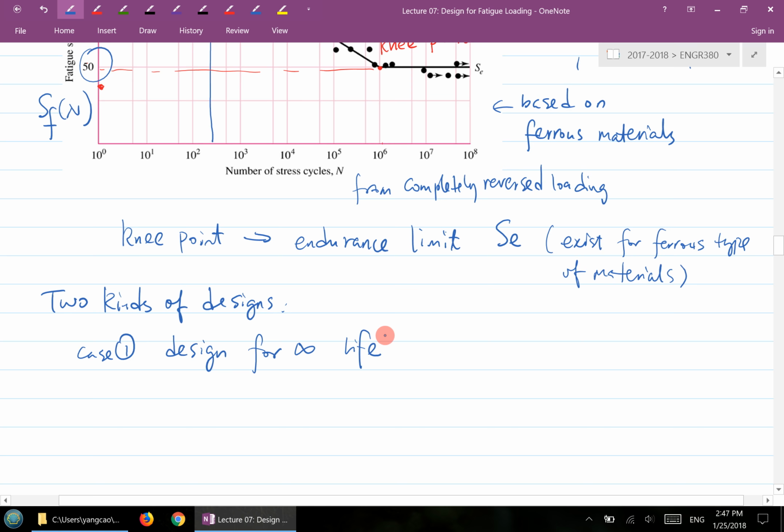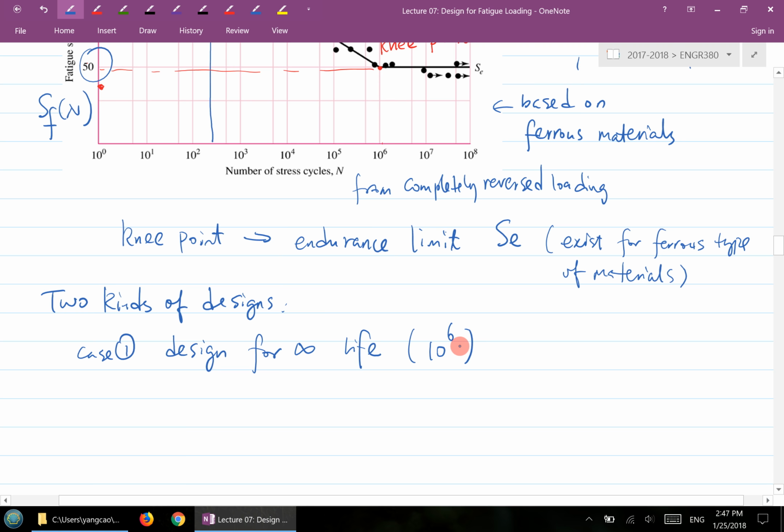So if you have a shaft, the material is picked, you have a fatigue loading condition, and you're designing for infinite life. The first thing to remember is that this basically means designing for more than a million cycles, 10 to the power 6.